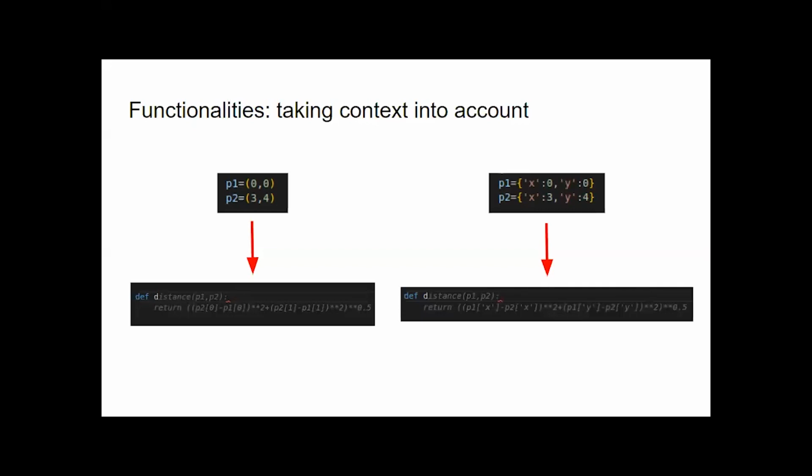I defined 2 points as tuples, and it gave me the code to compute the distance between those 2 points. And on the right, I defined 2 points as dictionaries, and you can see that it automatically adapted the code to compute the distance. The main point of this slide is that everything that you write in your file will be taken into account to make the suggestion.